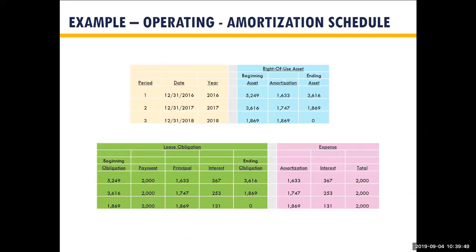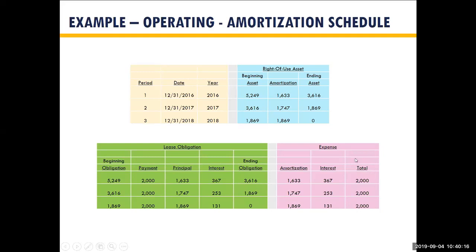So if we look at the operating lease here, at that commencement date of the lease, we put that right of use asset and that liability on the balance sheet for the $5,249, and then we amortize the lease obligation just like a note payable amortization would go through. And then our expense recognition, you can tell on the lower right there, it's $2,000 every year.